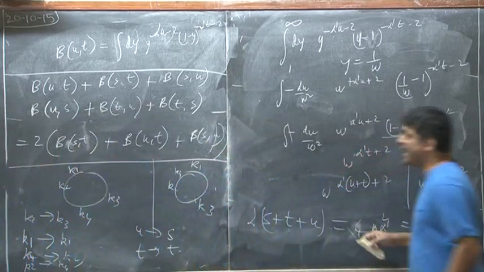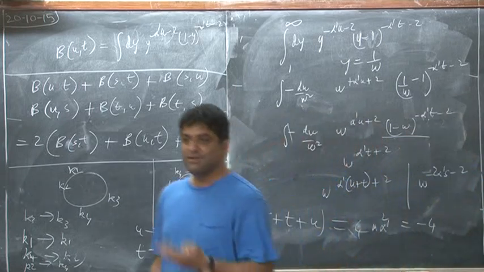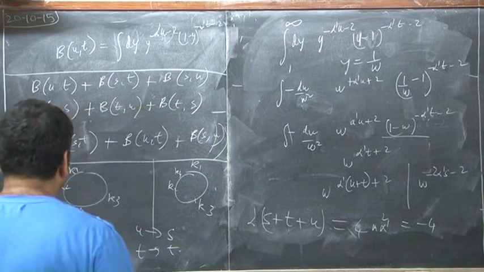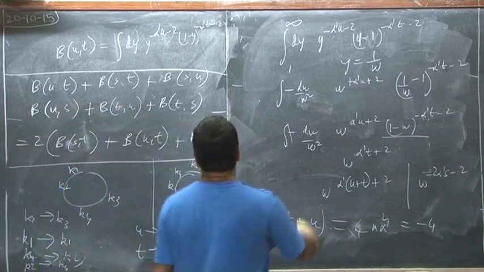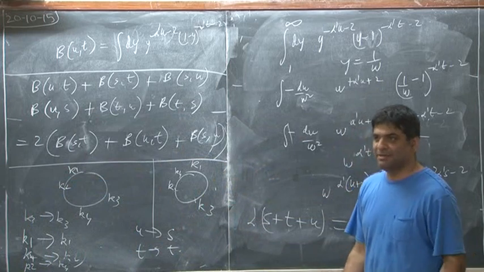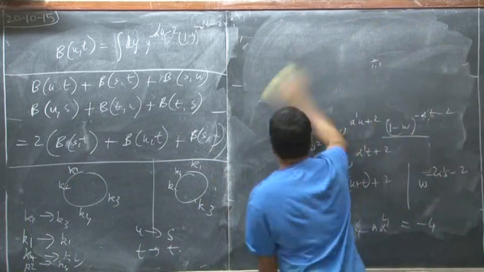Okay? Excellent. So now that we've got this answer, let us try to focus on this object, this b of u and t. I'll call it b of s and t. Instead, I'll call it b of x and y.